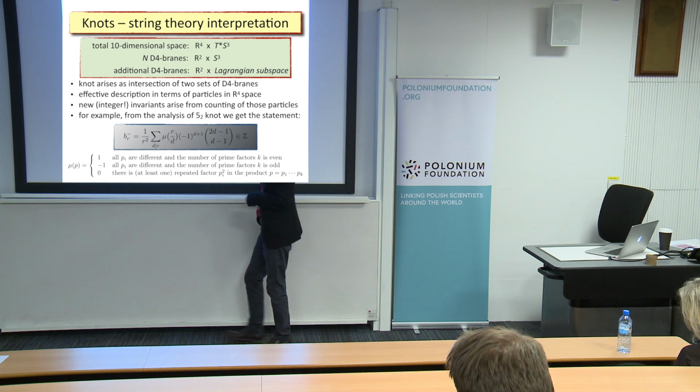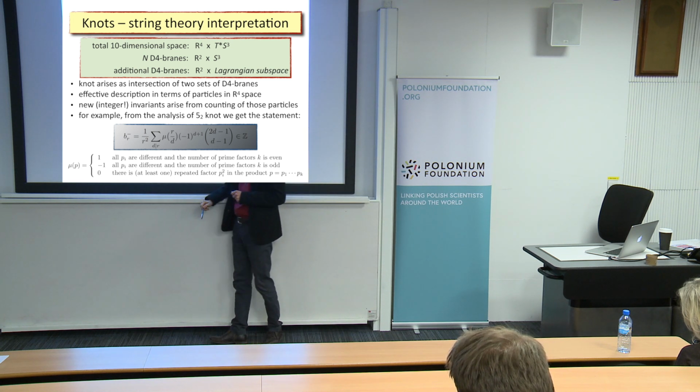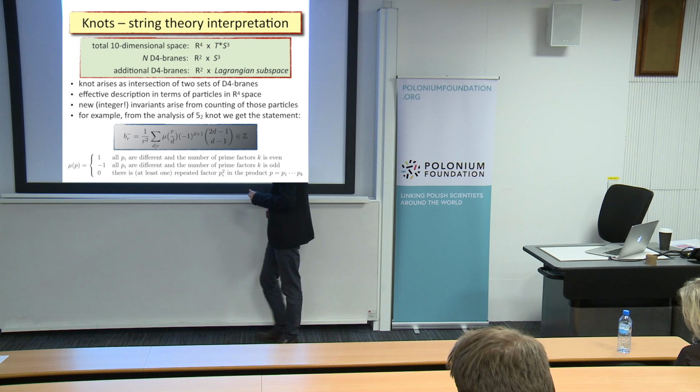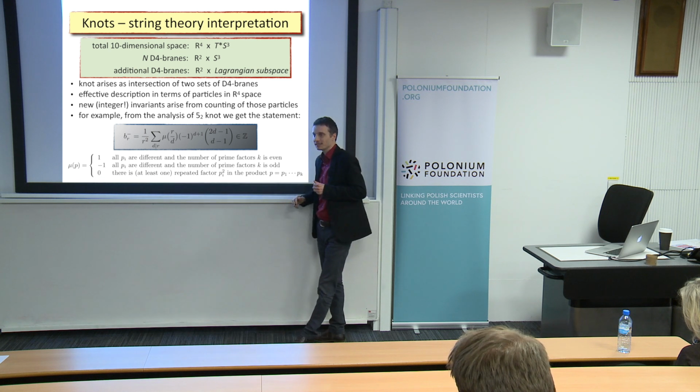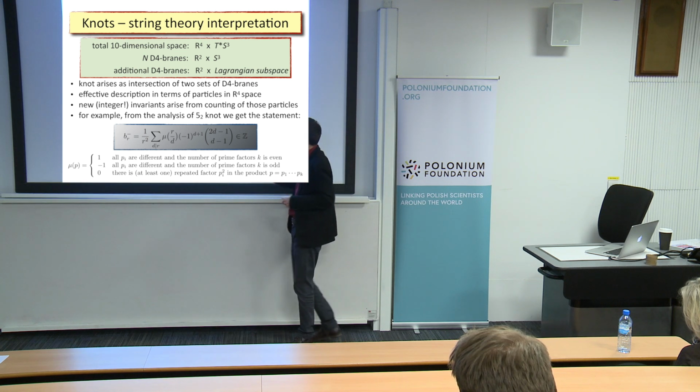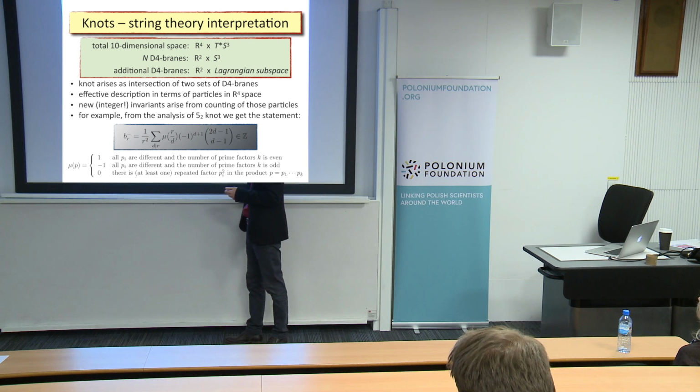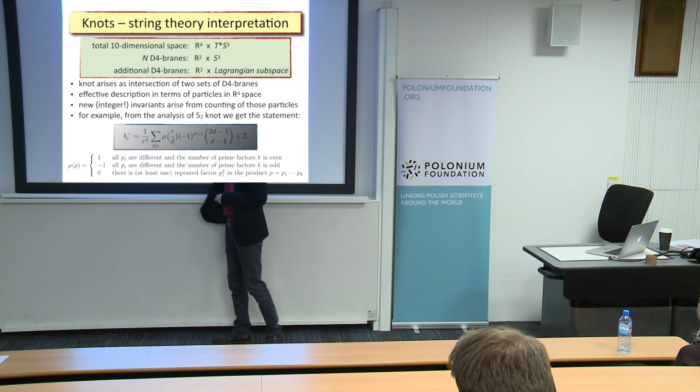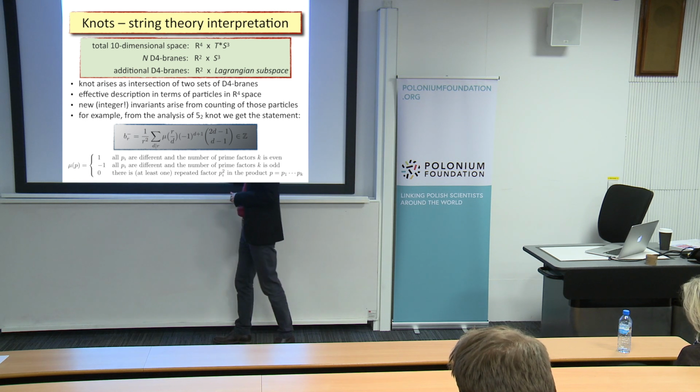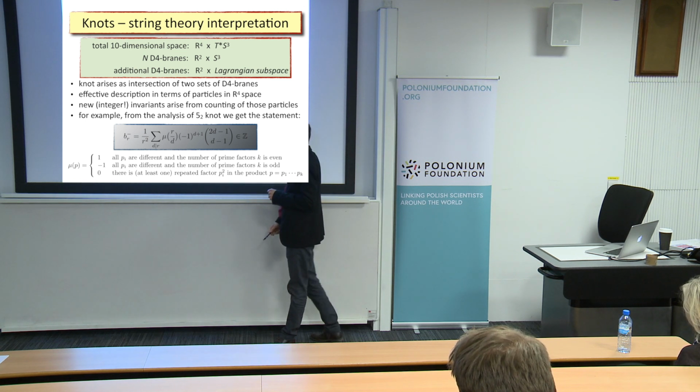But then all that is divided by r squared. And we get the statement that this ratio of this sum divided by r squared is also integer, which gives us some statement in number theory on the other hand. Because this is non-trivial statement. If you take some integer number, it is not necessarily divided by this parameter r here, on which this expression depends.